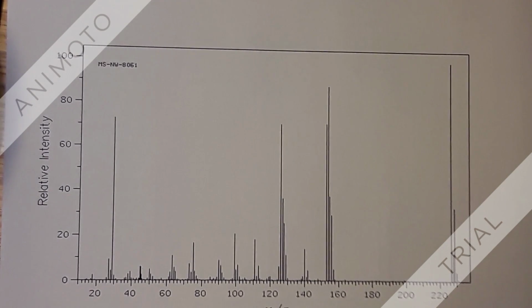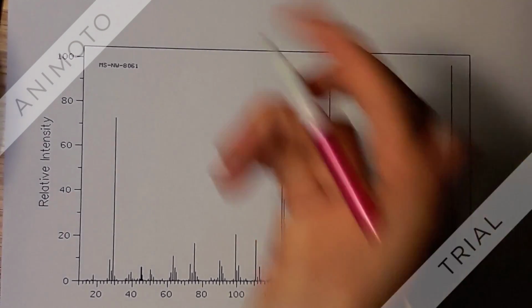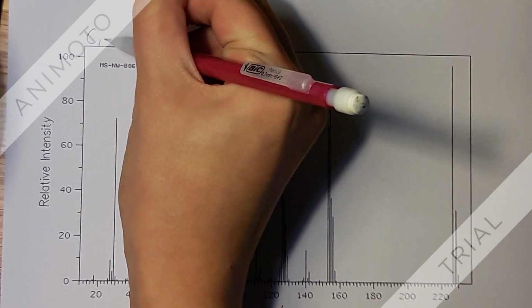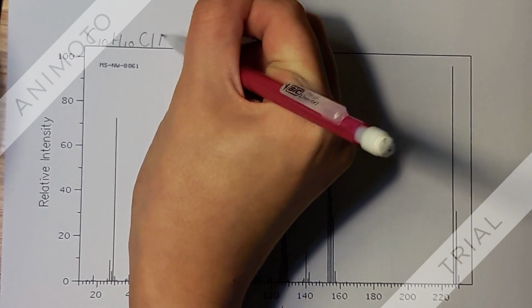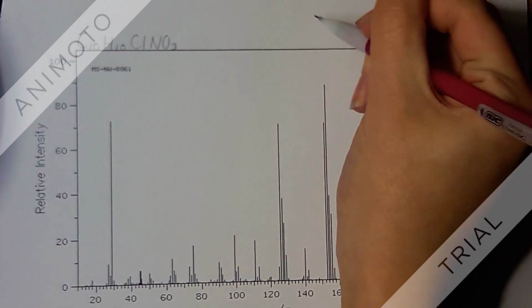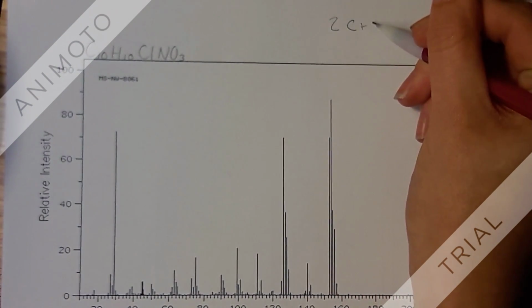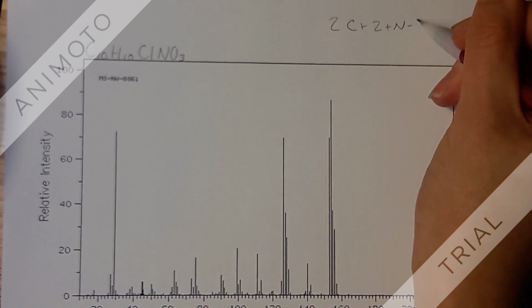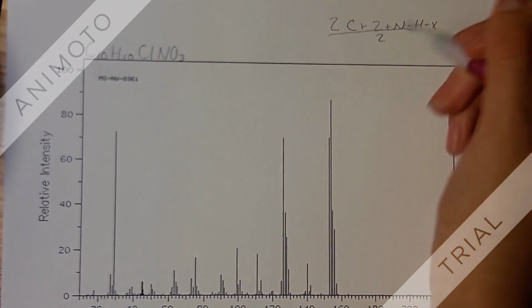Okay, so the first thing that we're going to do is calculate the degree of unsaturation. First off, our molecule is C10H10ClNO3. And the equation for degrees of unsaturation is 2C plus 2 plus N minus H minus X, over 2.